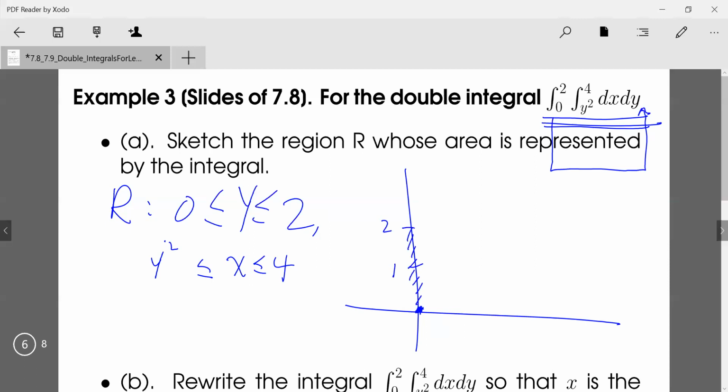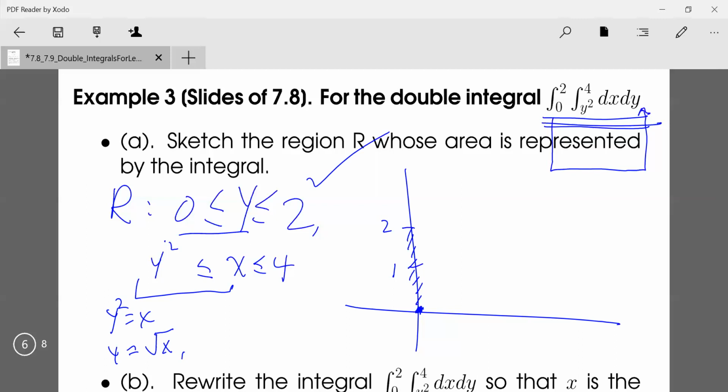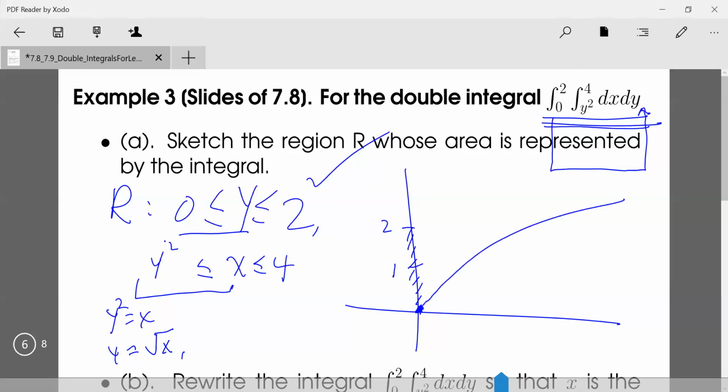So we have to look at this second condition, y squared equal to x, which is the same as y equal to root of x. Because y here is positive, so y has to be root of x, not negative root of x. And we can plot this graph. That's y equal to root of x, which is the same as x equal to y squared.